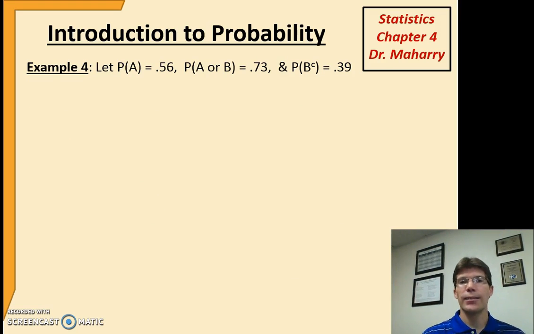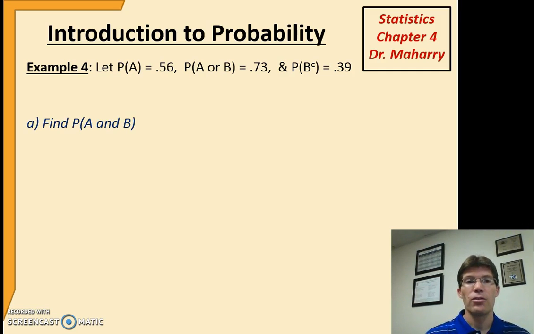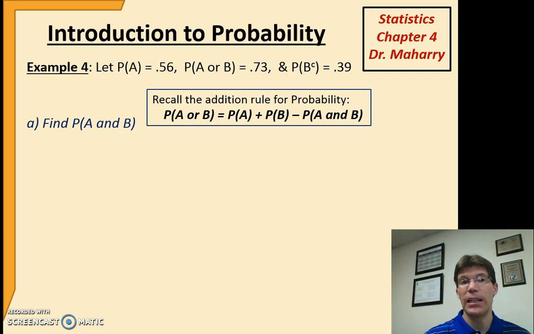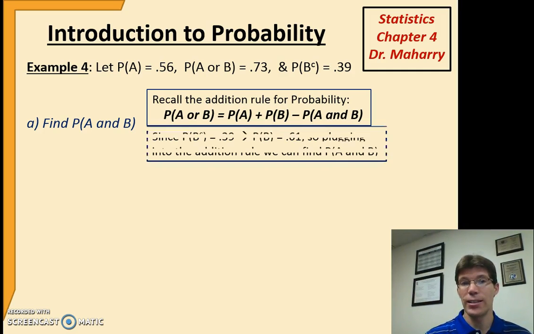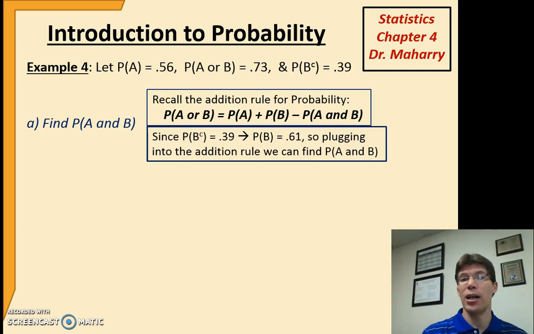Last example, suppose we have a generic problem where we have the probability of A, probability of A or B, and the probability of B complement. Suppose I asked what is A and B. So if you recall the addition rule for probability, it says that A or B is the probability of A plus the probability of B minus probability of A and B. So in this case, we don't have B, but we have B complement.